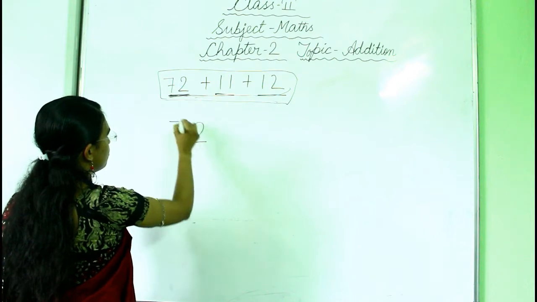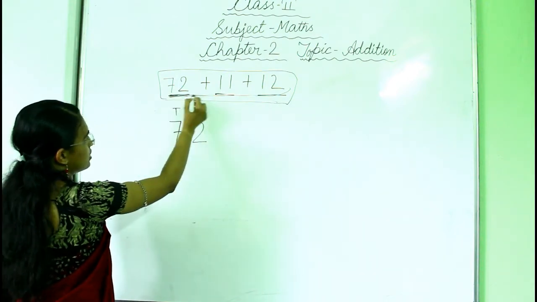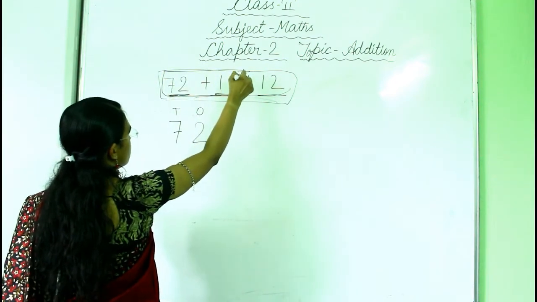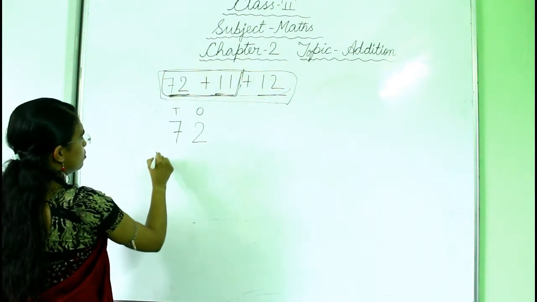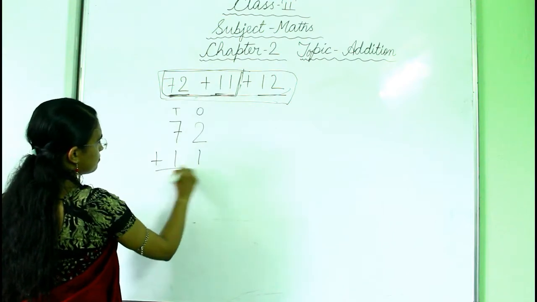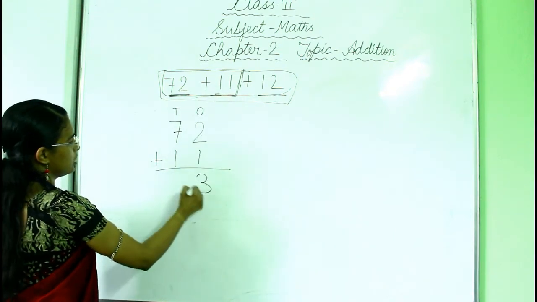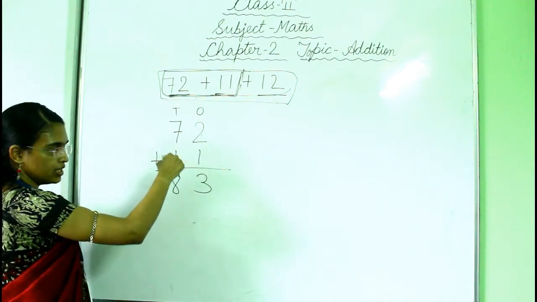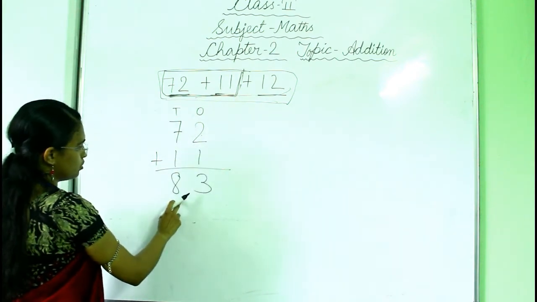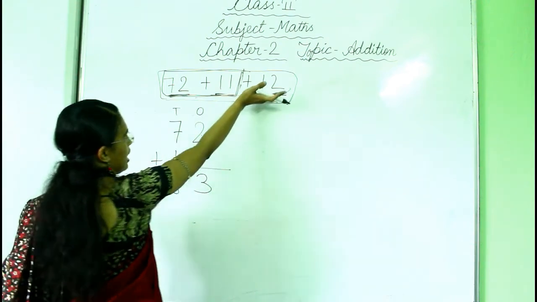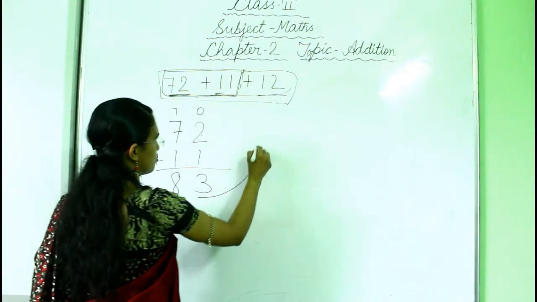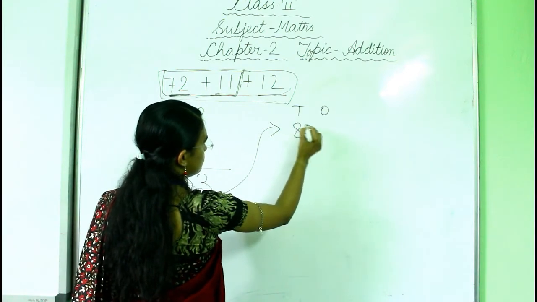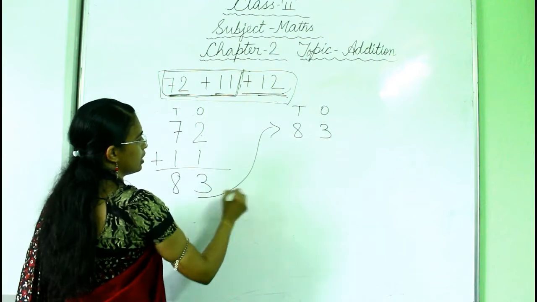First, we can write these 2 numbers, just like 72 plus 11. 2 plus 1 is 3, 7 plus 1 is 8, and this is the sum of these addends, right? So we have to add this sum, 83, with the last number, then we have 12.